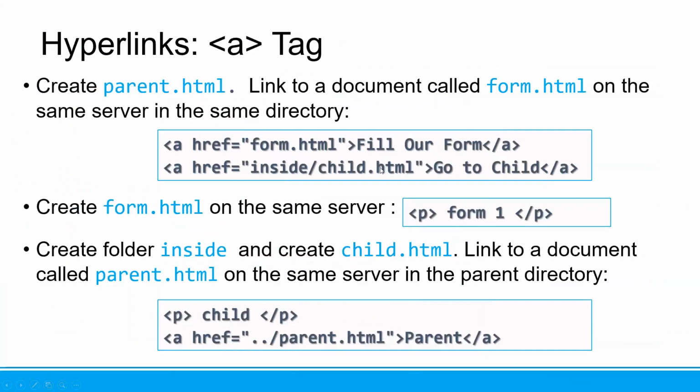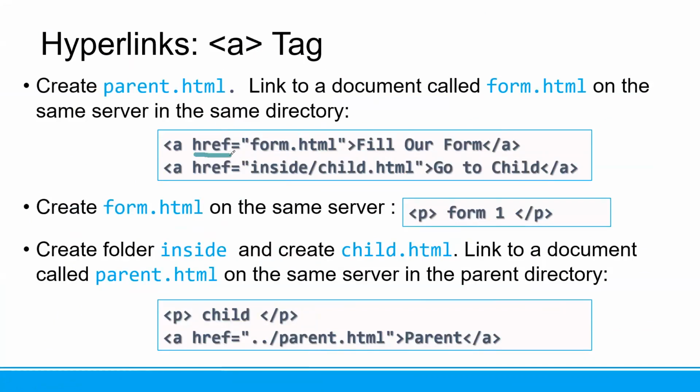We already learned some kind of hyperlink in the previous lecture. The A indicates a hyperlink. When you write the A, you need to write what is the hyperlink reference.